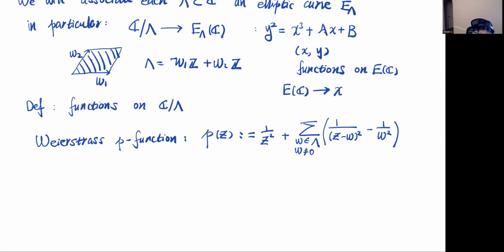This is the Weierstrass P function associated to a lattice lambda in C. It looks complicated, I admit, but what's important is that it satisfies some nice properties.